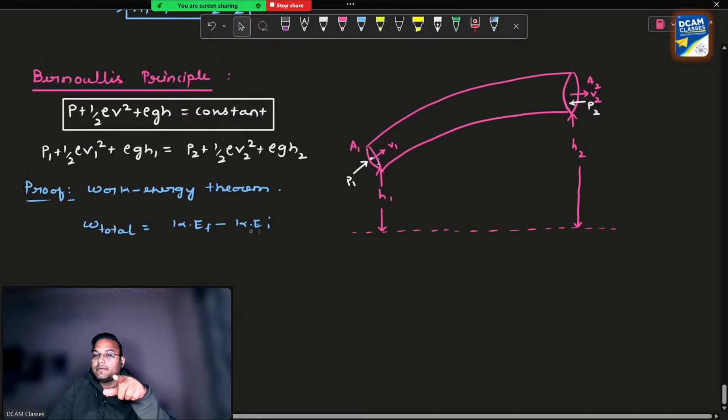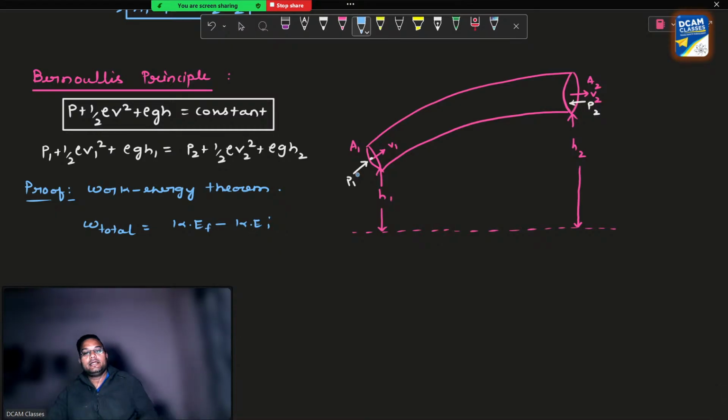Now see, because the pressure is acting on both the points P1, P2, that means forces are there at this point also, at this point also. So if we calculate the work done due to this pressure force, how will it be? From this part delta V amount of liquid is going, and from this part also delta V amount of liquid is coming out.